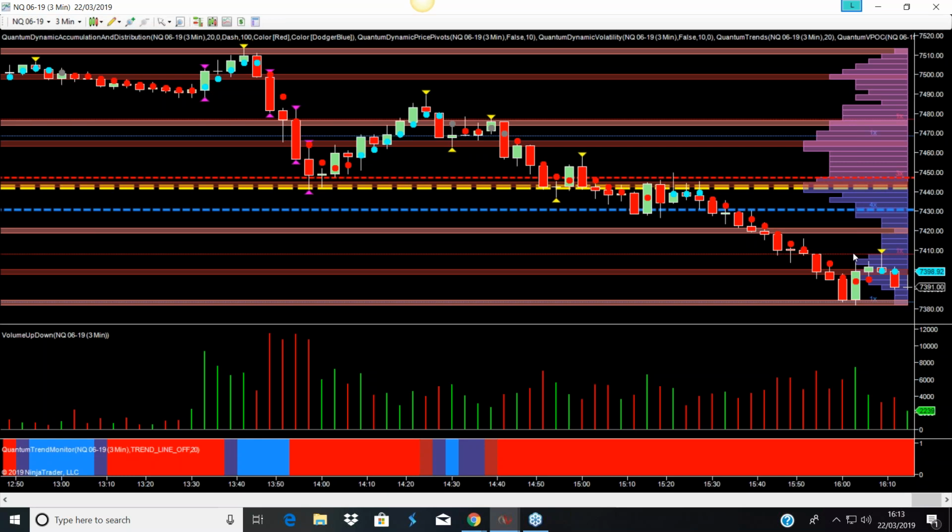They're built in real time as well. So this minor pullback, if you like, was stopped dead with the development of this little down candle with reasonable volume underneath it, and has also triggered the pivot.